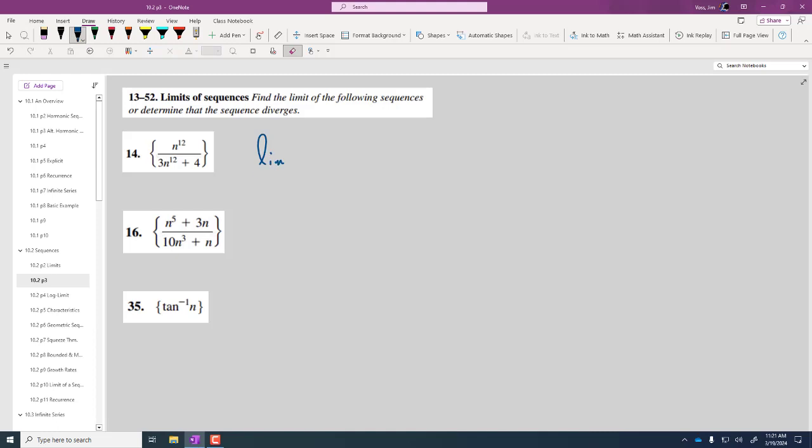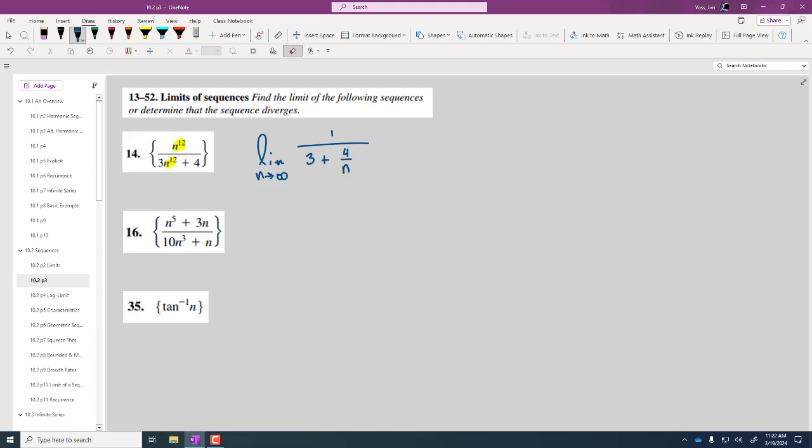So what we frequently do is divide by the dominant term. If you look in here, the dominant term, the highest power of n, is n to the 12. If you divide every single term by n to the 12, you will have something equivalent. So you could end up with this.